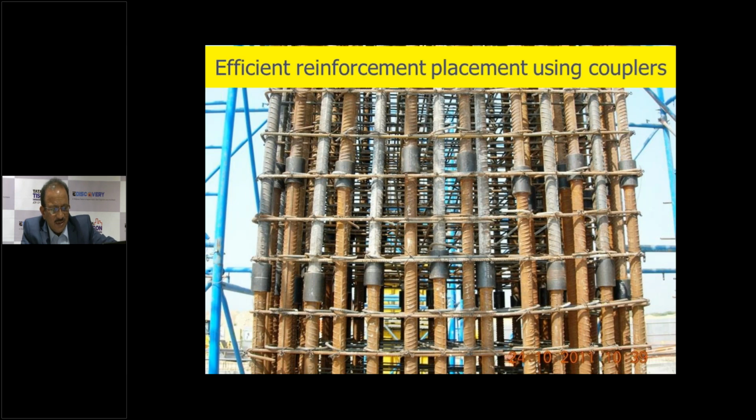This is the length of the coupler, and these couplers are connecting two bars directly, and there is no lap. So you can see the space clearly, roughly 2.5 inch space is there. So concrete can now very freely pass through these two bars, and this is going to add to the durability.